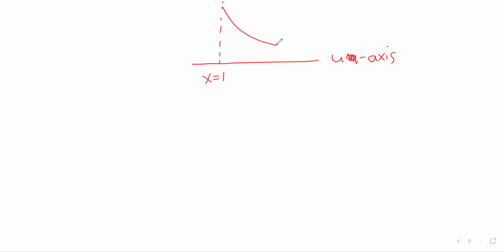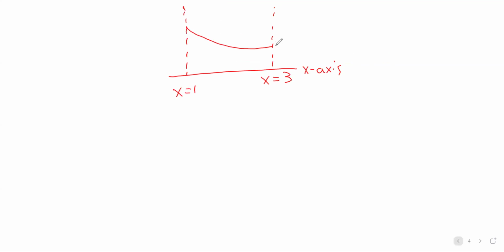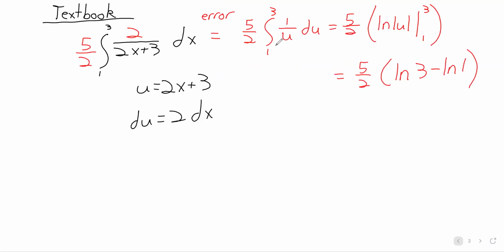But my limits of integration don't make sense anymore. If I've got a u-axis, I cannot be going from x equals 1 to x equals 3. So the limits of integration cannot be 1 and 3.